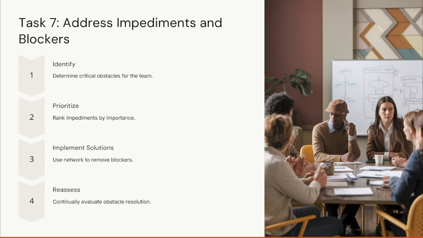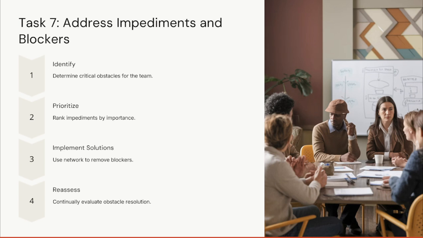The next key enabler we have under the seventh task is to prioritize critical impediments, obstacles, and blockers for the team. The situational questions on the PMP exam often involve multiple impediments that require prioritization techniques.